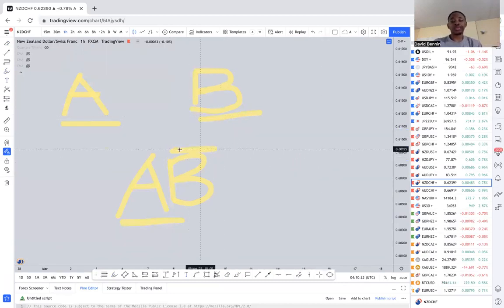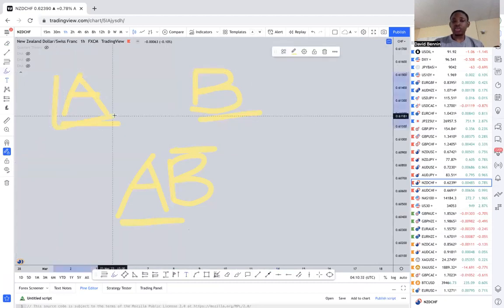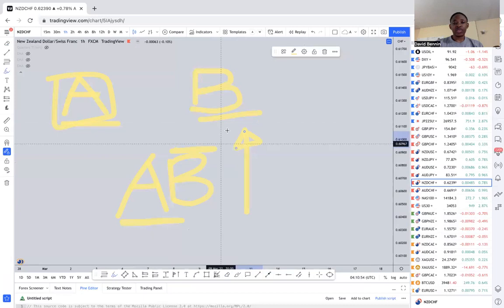So what happens is the role of the first currency, the A, is to move AB up. So anytime AB is pushing up, when we say it's pushing up, we mean the rate, right? So I'll give you an example. Anytime AB is pushing up, it means A is the one causing it. Anytime AB is pushing down, it means B is the one causing it.